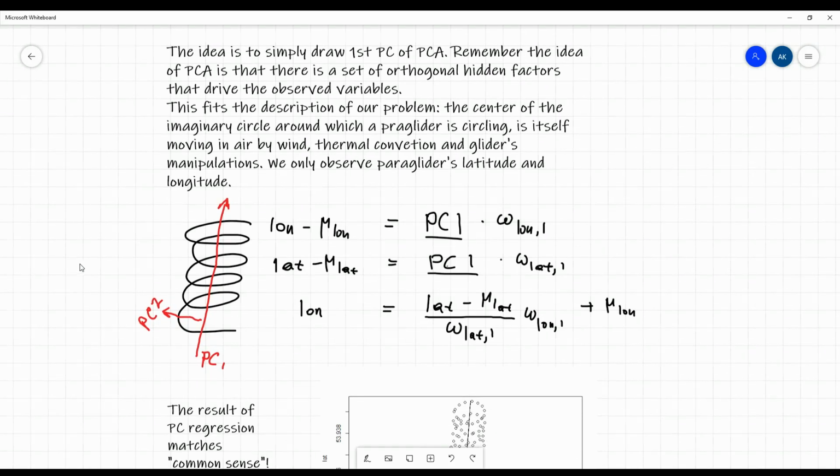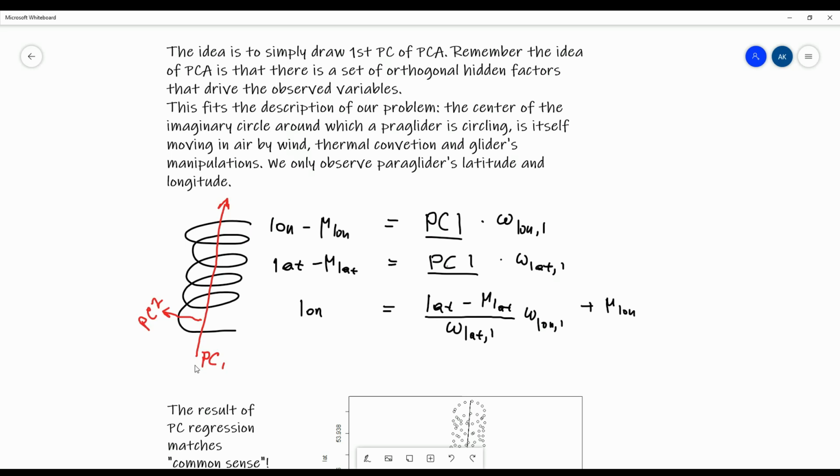So why is it working here? Well, like I said, we have this paraglider whose complex movement generates latitude and longitude, and that's why latitude and longitude are not in an independent relationship. They are in a way both dependent on some other factors.